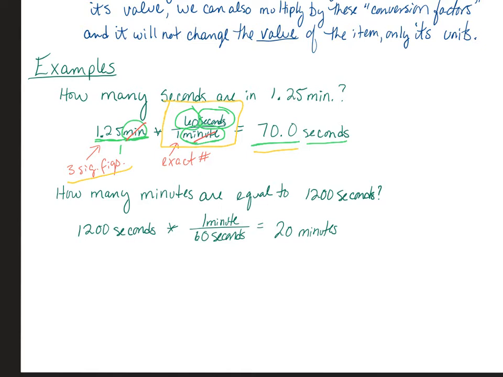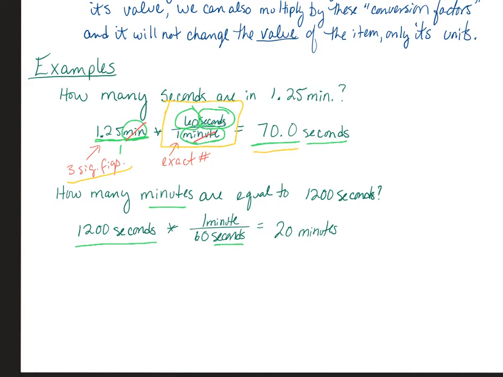Okay, we can do the opposite as well too. Let's say you have 1,200 seconds. Well, if I want to know how many minutes that is, I just use the opposite conversion factor. I put the seconds on the bottom and put minutes up top.